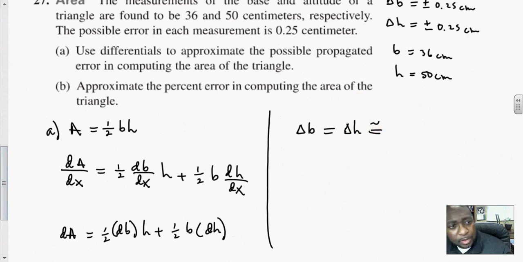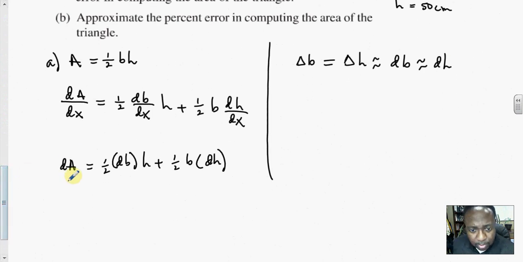So we're approximating with the db and the dh. So we use the same numbers.